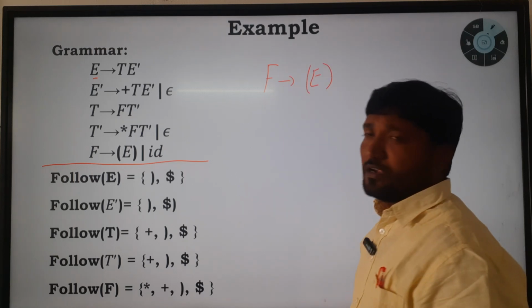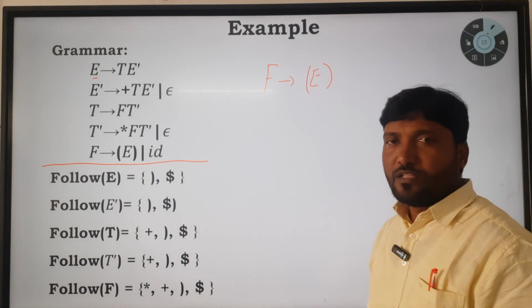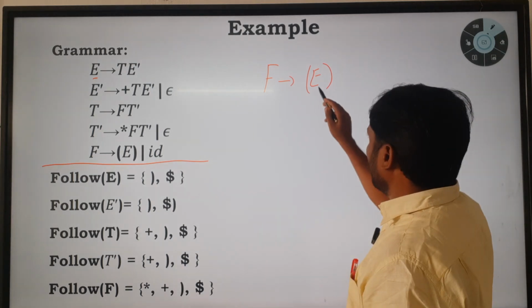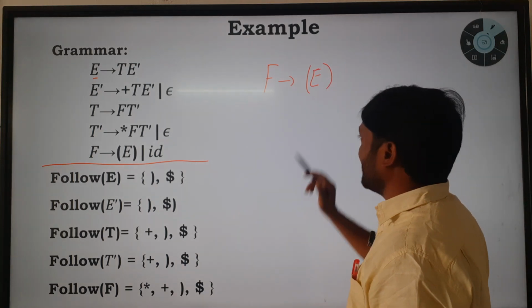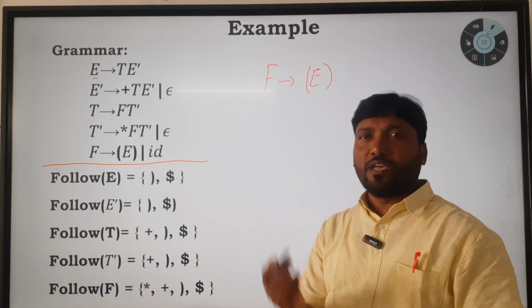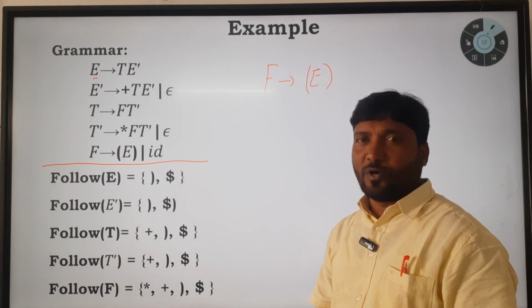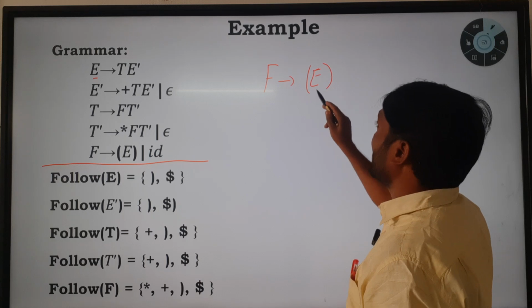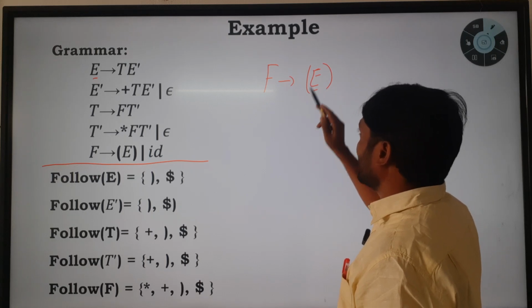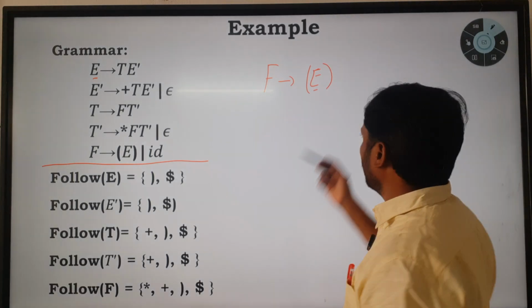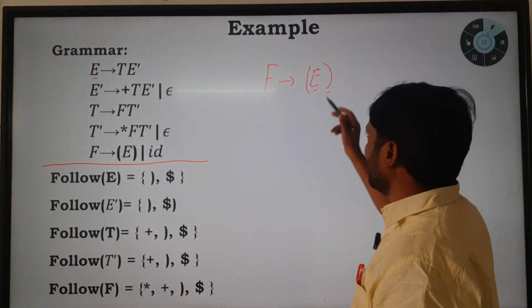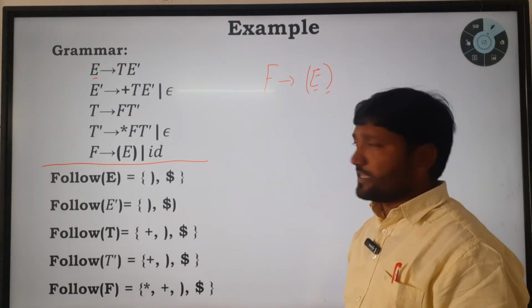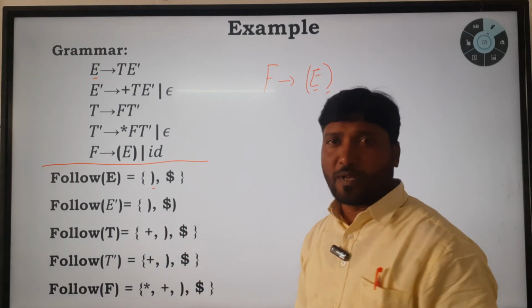This is the given context free grammar. So we are calculating the follow function for E. Is there any terminal symbol immediately following E on the right hand side? Yes, there is a terminal symbol immediately following, the close bracket. Now we have to add the close bracket here.